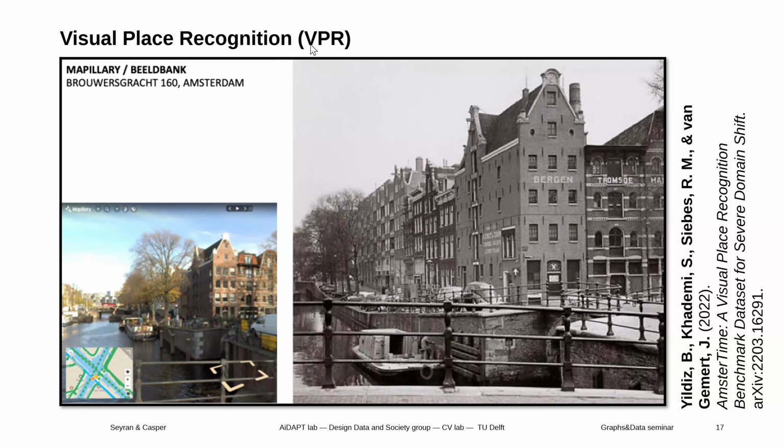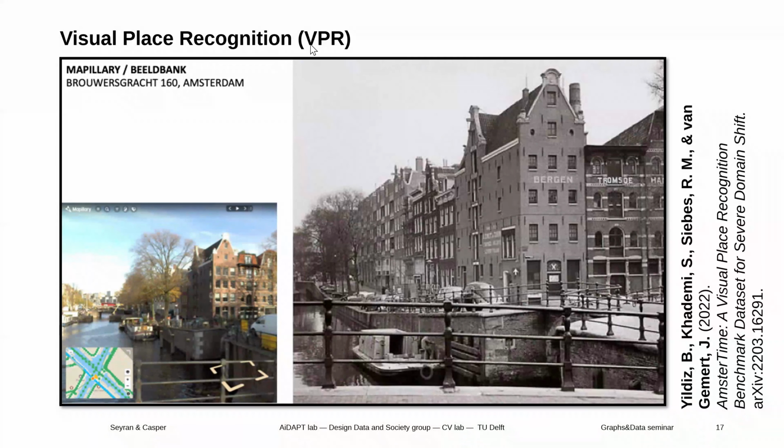So what we did, we looked at the City Archive of Amsterdam. They have a public data set of archival imagery from Amsterdam taken in the past 100 years, so since they had cameras. Then we looked at the street view images to capture basically the same location as the historical images.